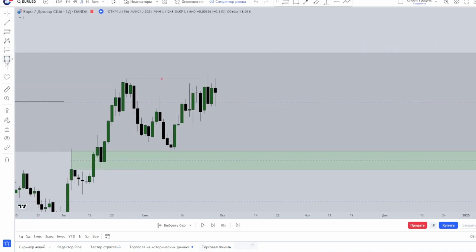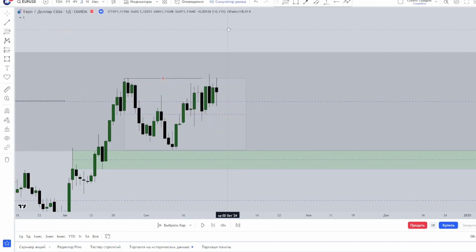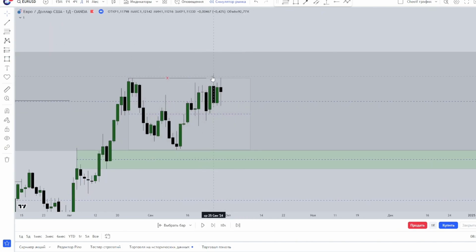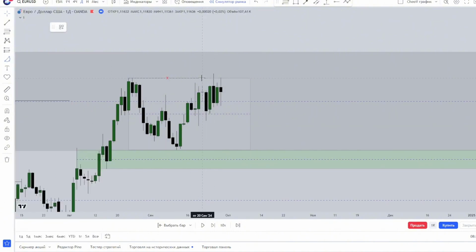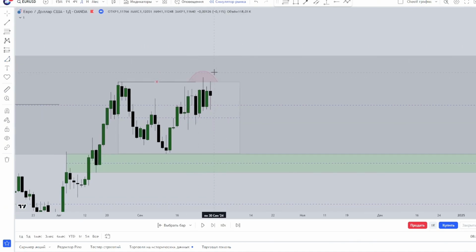What can we see on the daily time frame? We see an obvious movement in the form of consolidation. At the same time, the price creates a deviation above and consolidates again, with the candle's shadow already on the daily time frame, which tells us that the price is more likely to move to the lower boundary of the range. At the same time, an additional factor is the low resistance liquidity or compression, which persists at the high of this range.